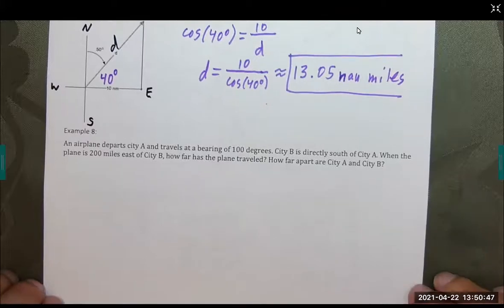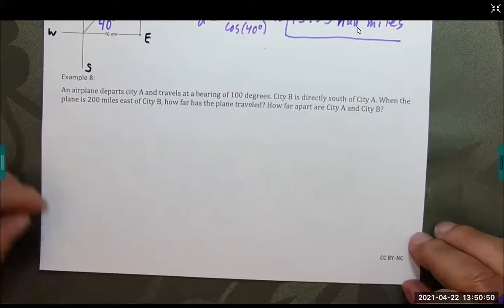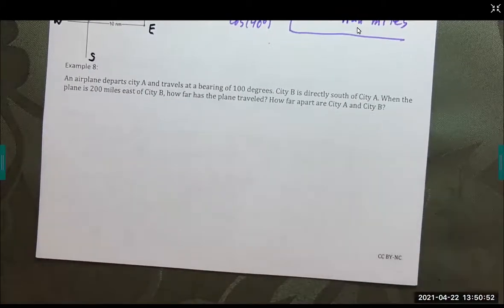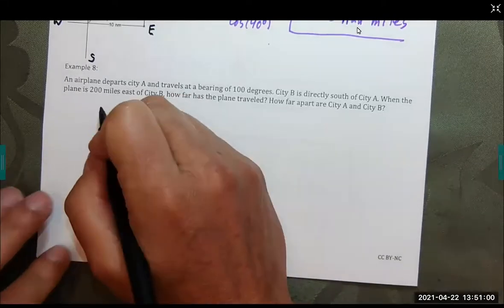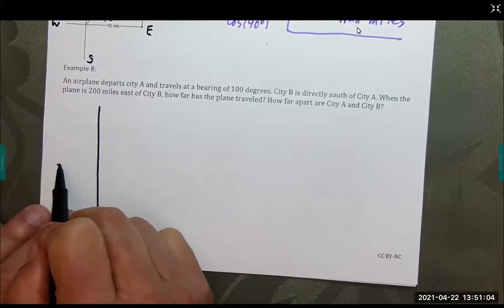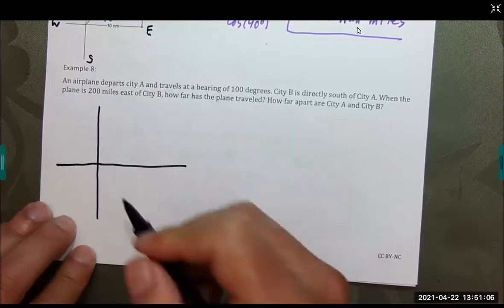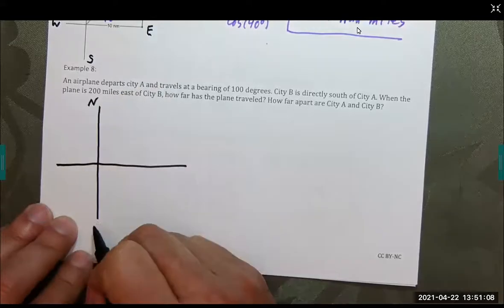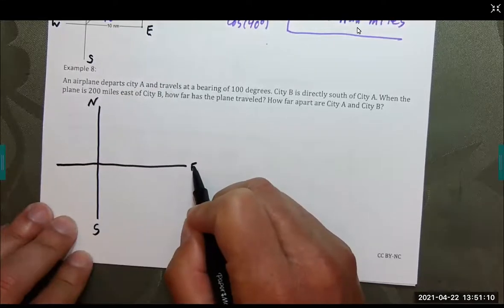So we have an airplane departs from city A and travels at a bearing of 100 degrees. Let's kind of map out what that means. So once again, this is north, south, east, and west.